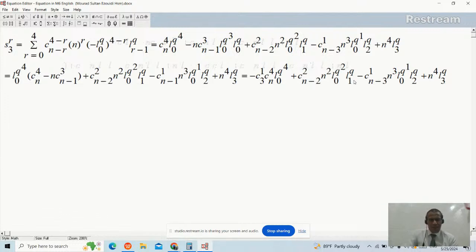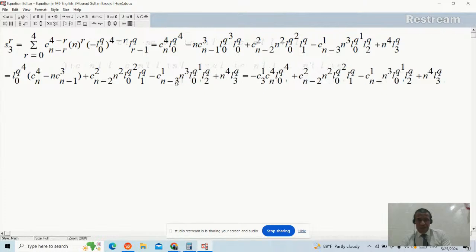So what is the 3 here? That is written, learners, n minus, just a moment, minus 1, minus 2, C1 minus 3, yes, it will be Cn minus 3, correct.